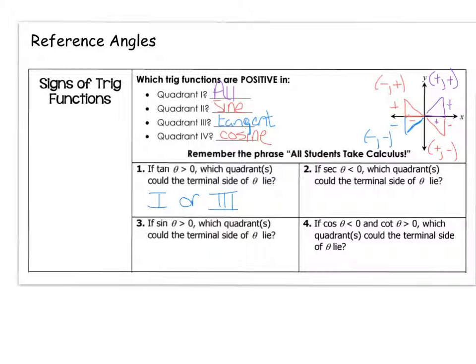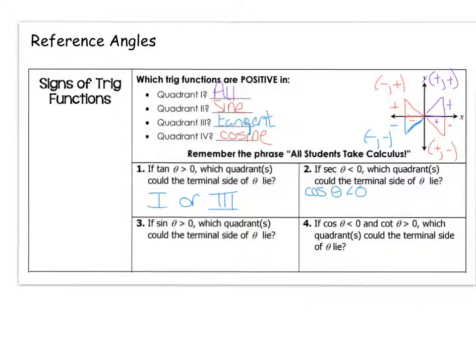Okay? Look at number 2. If secant is negative, now, what does secant have to do with? Secant is the reciprocal function of cosine. So if secant is negative, that also means cosine's negative, right? So where is cosine negative? Well, cosine's not negative in quadrant 1.